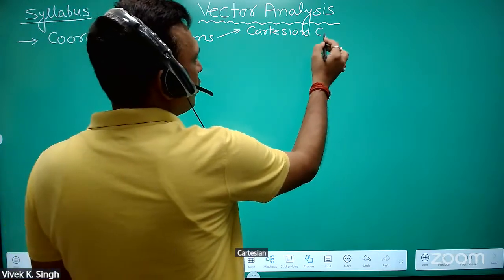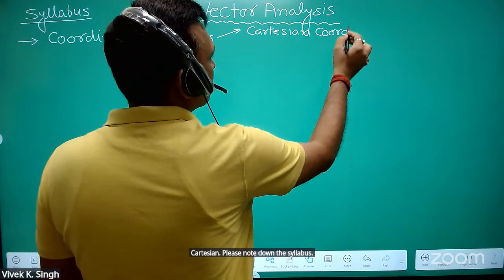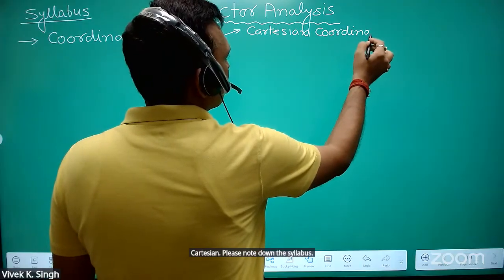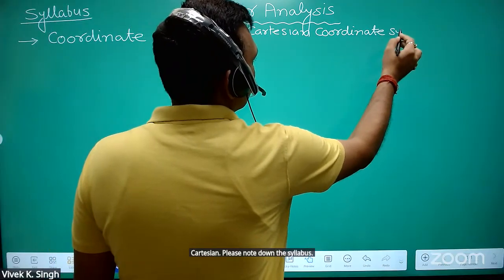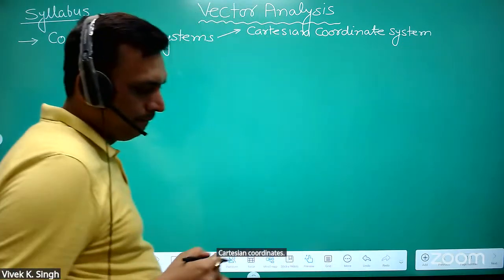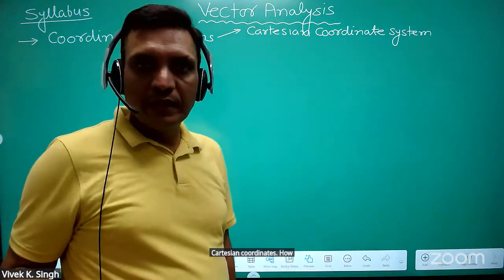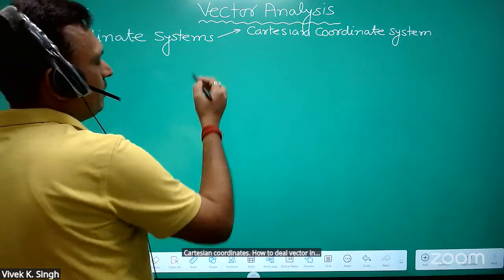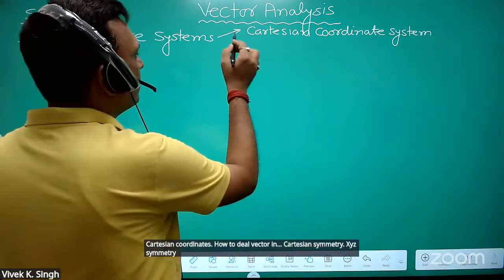Please note down the syllabus. Cartesian coordinate system: how to deal with vectors in Cartesian symmetry, X, Y, Z symmetry. We will discuss it.